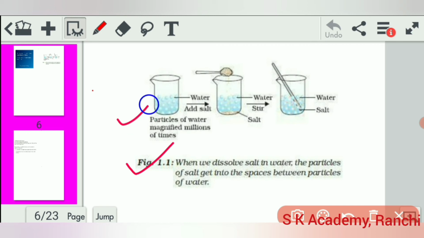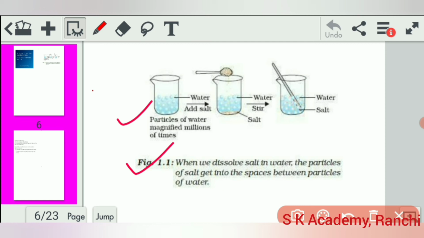We take water in a glass and mix some salt in that. After that we stir the water and we see that all the salt gets completely mixed and dissolved into the water. So there is a very important question here. Where does this salt go? What is exactly dissolving salt in water?